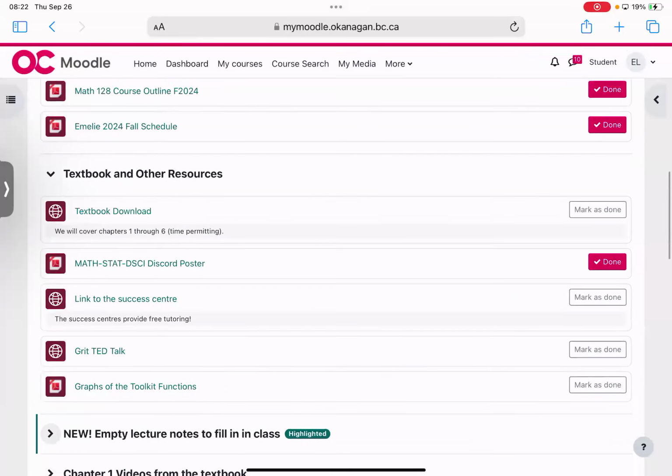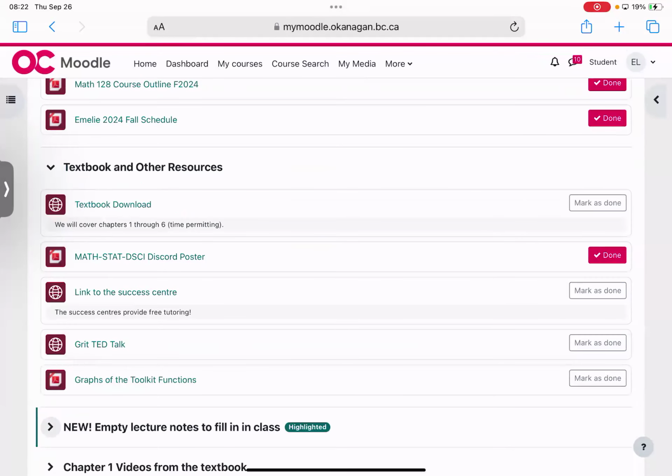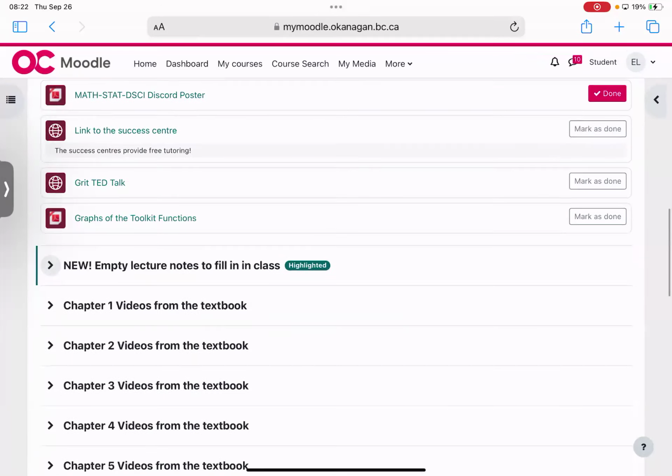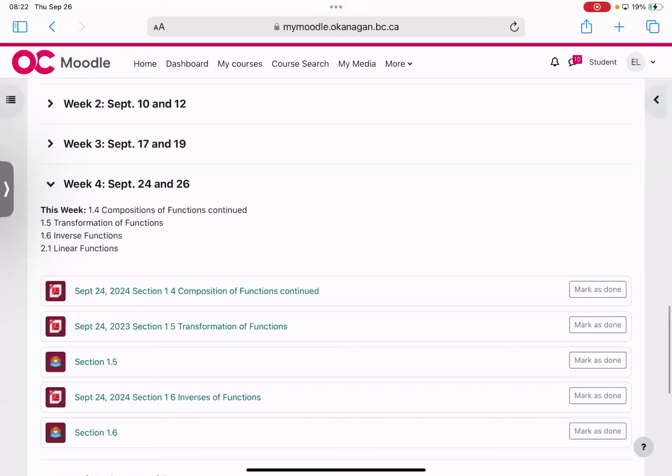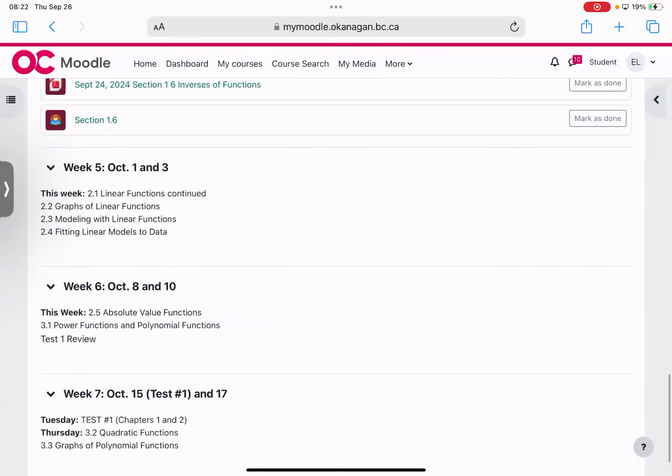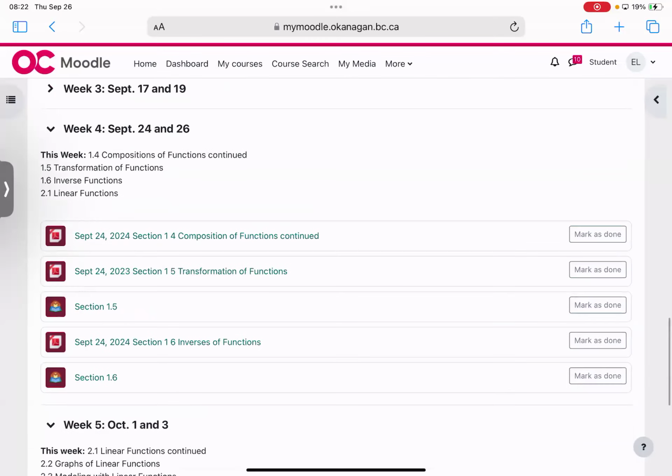Oh, here. Under the textbook and other resources, I have just the graphs of the toolkit functions, which might be nice. So like I said, I've committed to a test date, but the material on it depends on how far we get, obviously. So we'll see how far we get into 2.1.